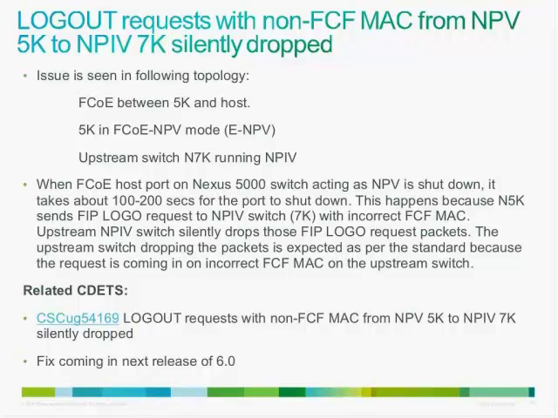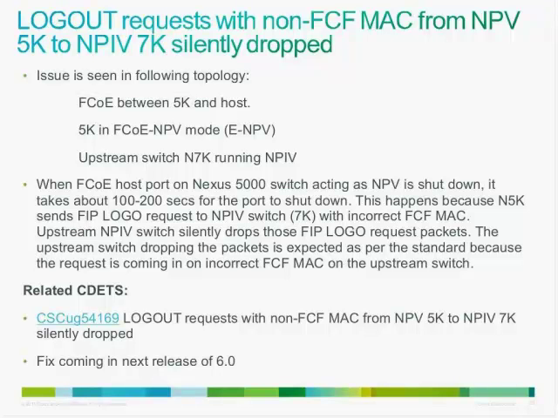When the 5K sends a FIP logout when the port is shut down, it sends it with the incorrect FCF MAC. So the upstream NPIV switch silently drops those FIP logout request packets, right?